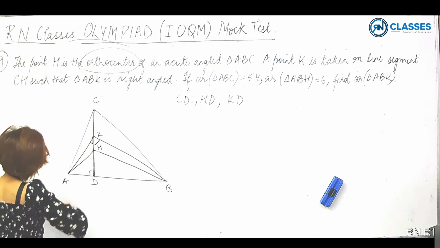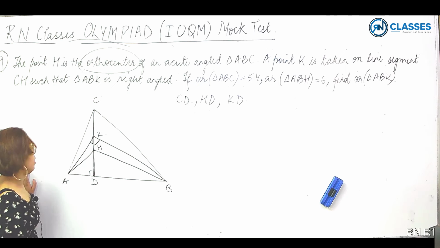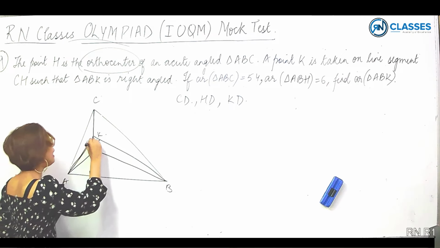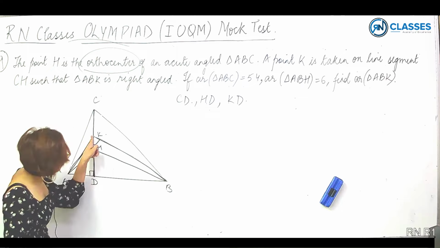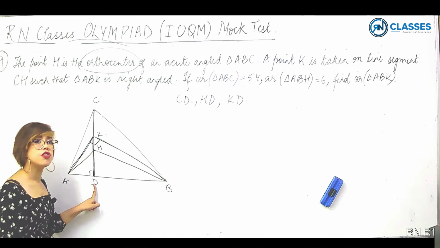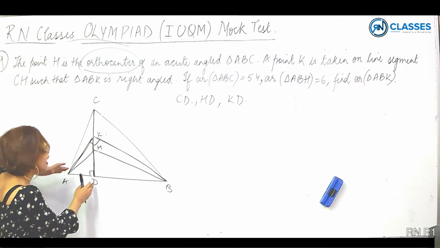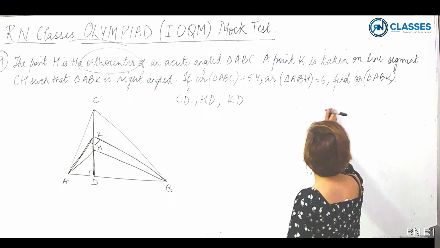Now, how do I use this? First of all, I have to use this DK, right? In a right triangle, I am dropping the perpendicular to the hypotenuse. Do you think there is a relationship between DK and AD and DB? It's a very important theorem.